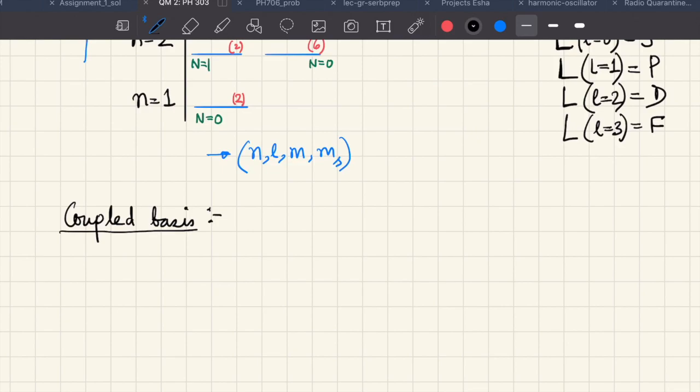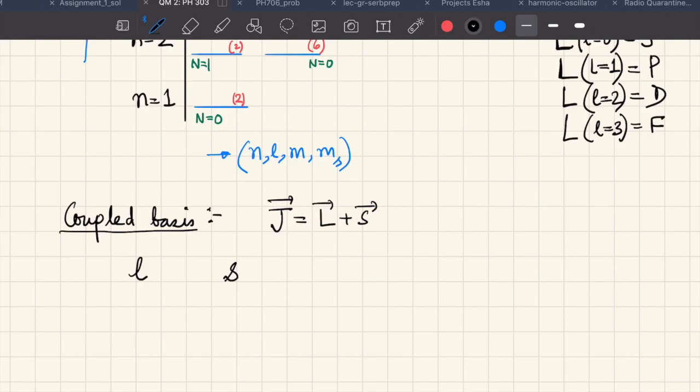Consider now the total angular momentum, which is capital J, which is equal to capital L plus capital S. Now, when we add angular momentum, we have states that are representations of orbital angular momentum, which is denoted by L, and spin angular momentum, which is denoted by S. But we want to express these as the eigenstates of the total angular momentum.